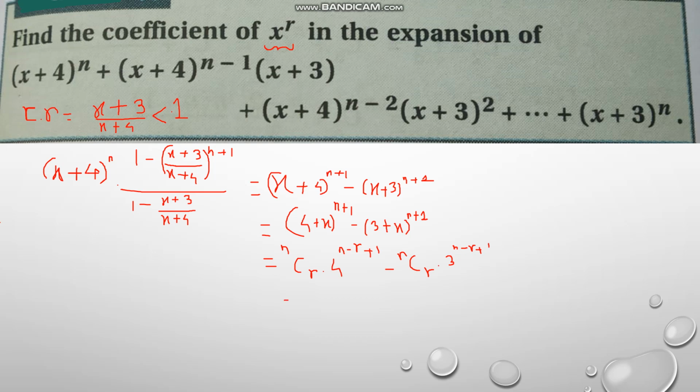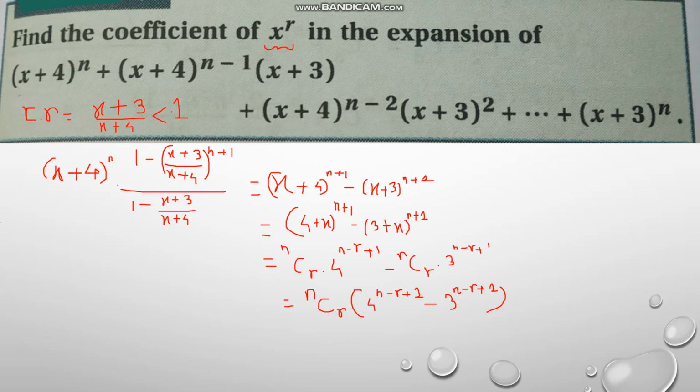The answer already came. nCr x to the power r is there in both, but we need to find the coefficient, so ignoring that, we can write 4 to the power n minus r plus 1 minus 3 to the power n minus r plus 1. Please bear with my n; it sometimes seems similar to r.